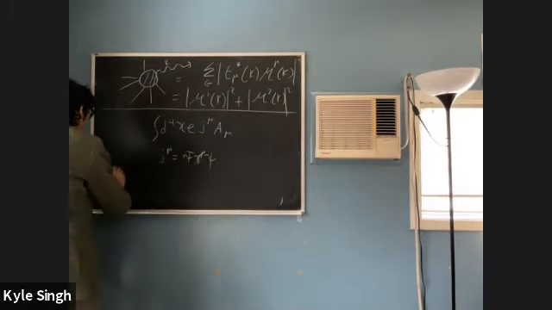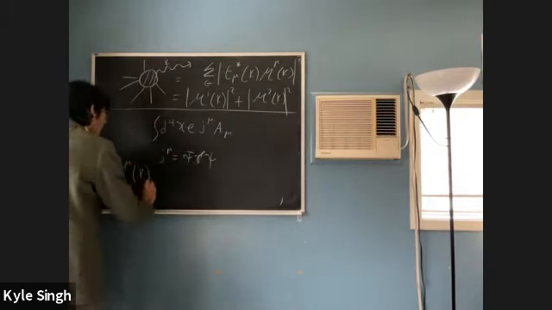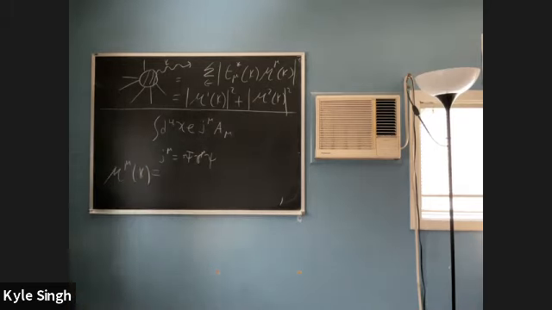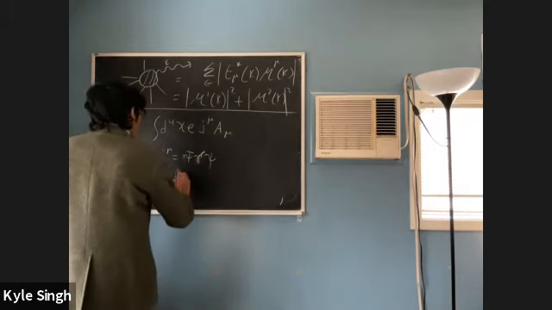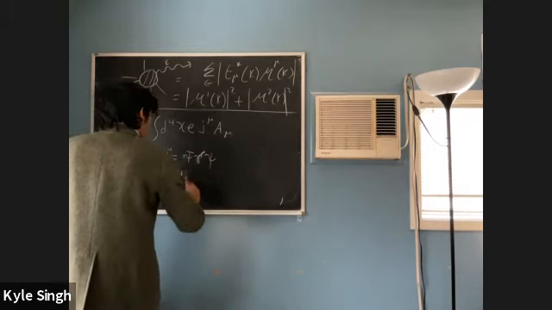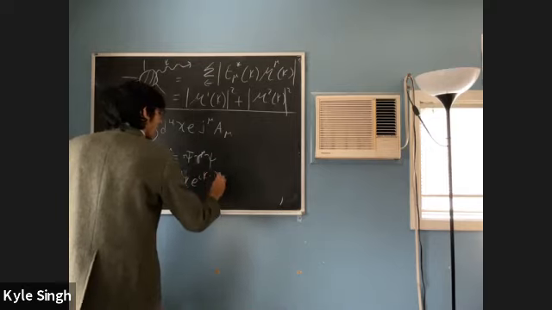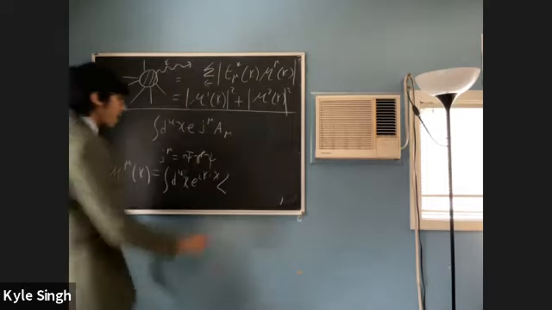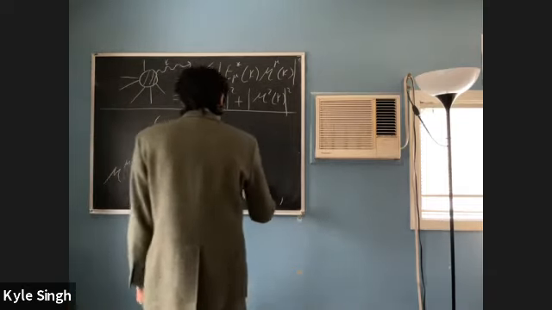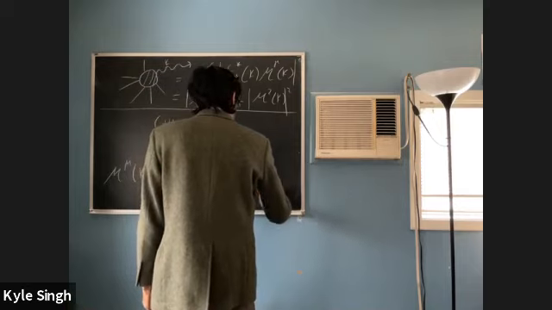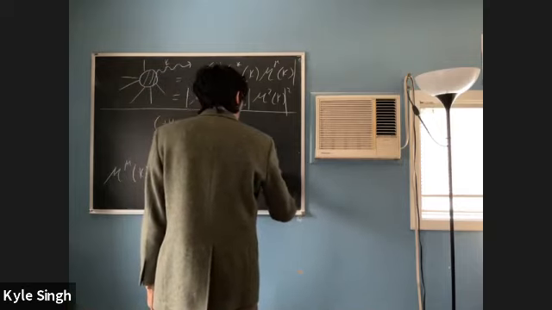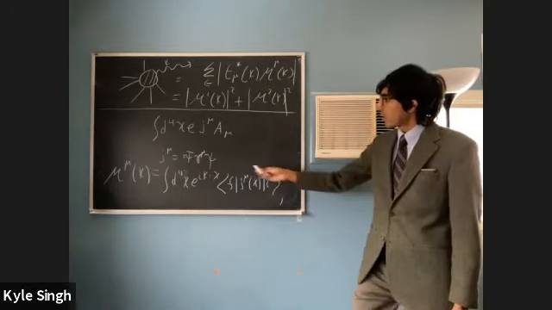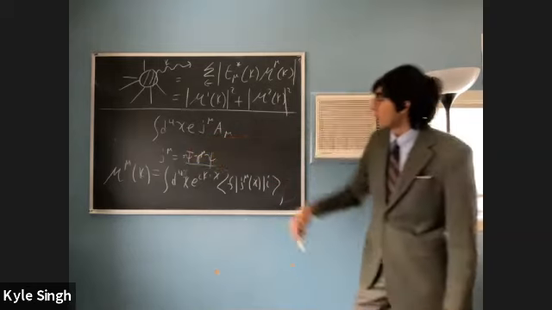We expect that M mu of k is going to be a matrix element, obviously, that takes the following form: the integral d4x e to the i k dot x, and then a matrix element between some final state and initial state, of J mu of x. That's what we expect, because of course, this is the current.